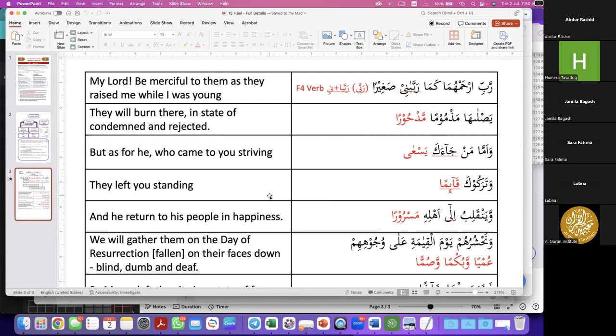And what is the Dhul Hal here? In rare situations, the Dhul Hal may be Mahdhuf. Mahdhuf, you understand? Sometimes in Quranic verses, you'll see one element is missing, hidden. So it's okay. But in most cases, you will ask, is there any Dhul Hal here? Is it Huma, both the parents? Any other suggestion? What about Rabbi, my Lord?